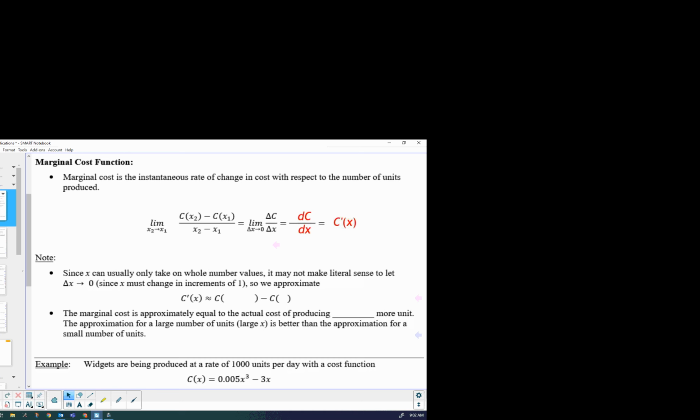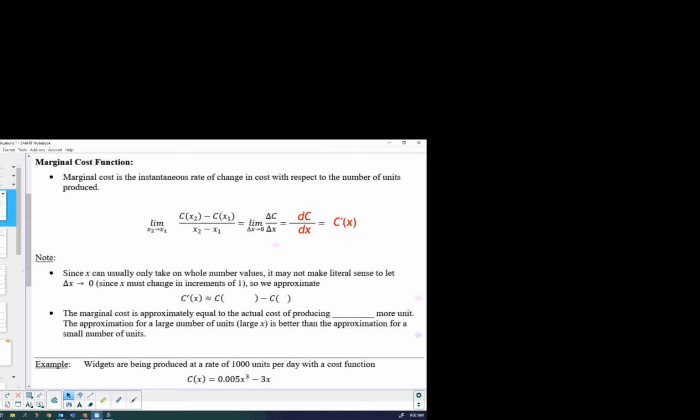So because this delta x can't actually go to 0, it can only go down as far as 1, and it can't get smaller than 1. It can't get to a half or a third or an eighth or a 1/1,000,000th. So it can't actually approach 0 in that way. In that sense, this isn't entirely true, but it's still useful as an approximation.